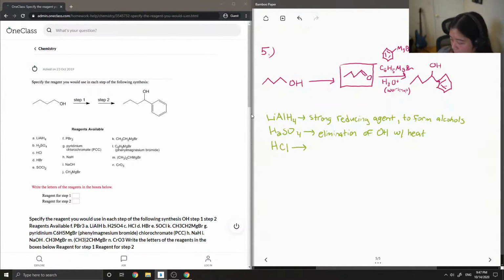HCl is an acid. Typically when it's reacted with an alcohol, it replaces it with a Cl group. Similarly, HBr does the same thing, except you replace your OH group with bromine.